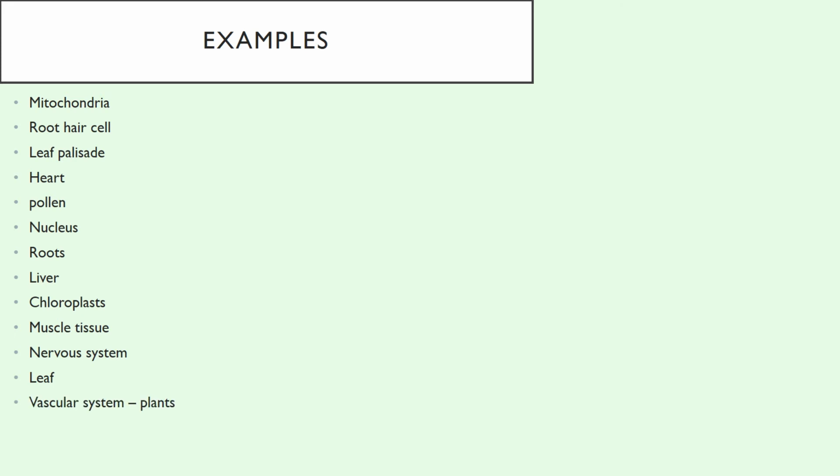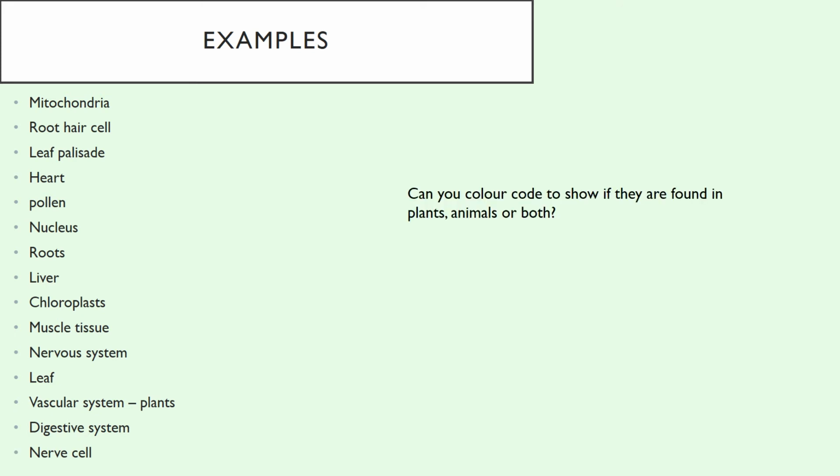We'll put this one in plants, but it can apply to both. Digestive system, and nerve cell. Then can you please try and colour code to show if they are found in plants, in animals, or in both?